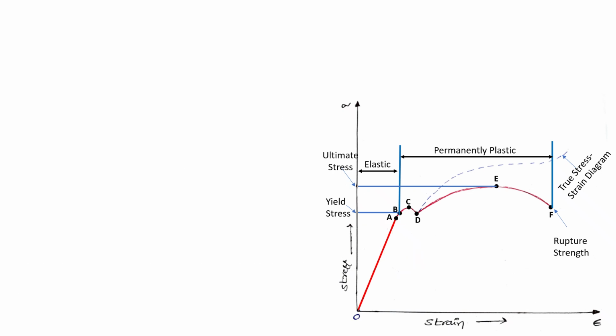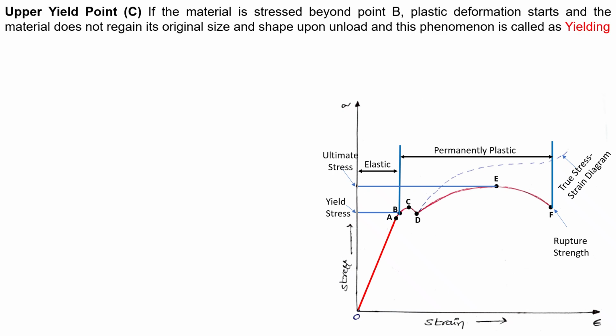Next we will discuss the next point on the stress strain curve, that is the point C. Point C is the upper yield point. So first we will look at what we mean by yielding, then we will discuss the upper yield point, point C, and lower yield point D. If the material is stressed behind the point B, plastic deformation starts and the material does not regain its original size and shape upon unload, and this phenomenon is called yielding.